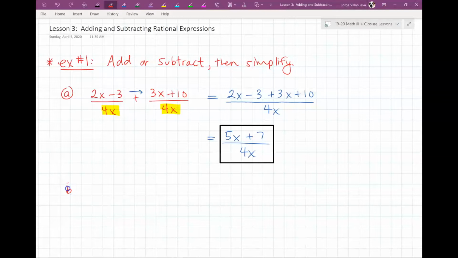Now, let me give you another one that looks a little bit more difficult, but you're going to see it really isn't that much more difficult. At first glance, you're going to think that this is going to be a lot harder to do. So we have x over the trinomial x squared plus 3x plus 2, and then we're going to add 2 over the same trinomial.